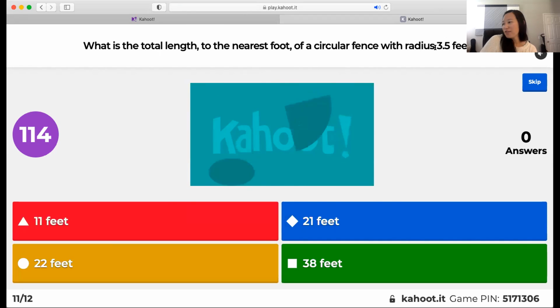So this one's asking for the circumference. What is the distance around something with a radius of 3.5 feet?